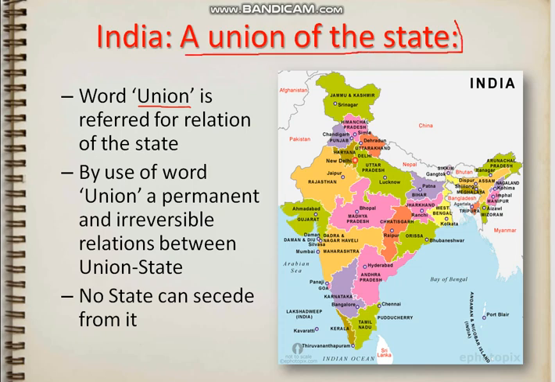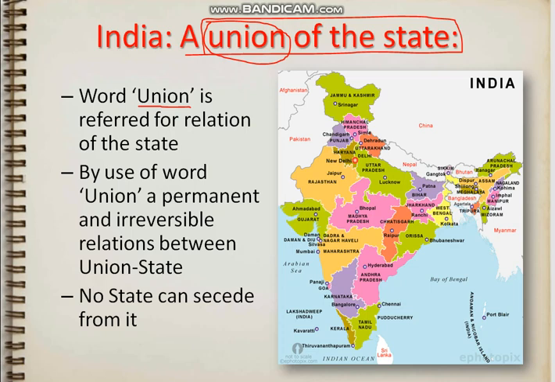Union of the state means all the states have got together and formed a unit, formed an entity which cannot be separated. So no state of India can separate itself from our country, and that's why union of the state is used.